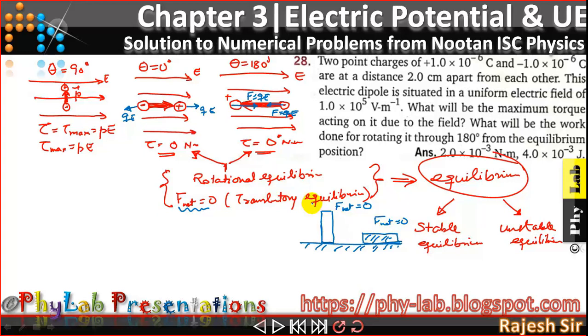Now how to judge? Remember, the stable equilibrium position is one in which potential energy is minimum. So out of these two orientations of equilibrium, the one which has minimum potential energy will be the state of stable equilibrium.